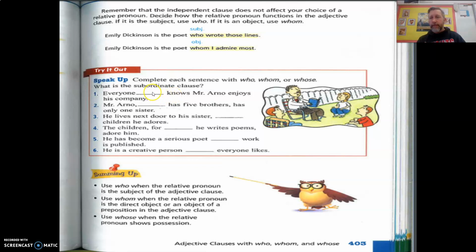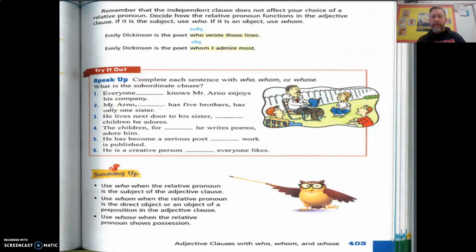We need a subject here, don't we? Everyone who knows. A lot of times we can just look at the word next to the blank. If the word right here is a subject, then we know we'd use whom. If it did not have a subject, then we know we use who, which is what we did here in number 1. So everyone who knows Mr. Arno enjoys his company.